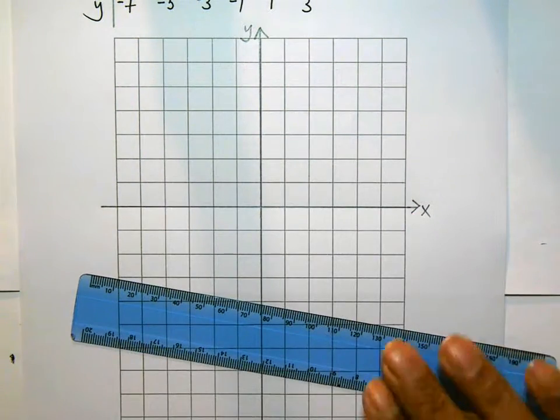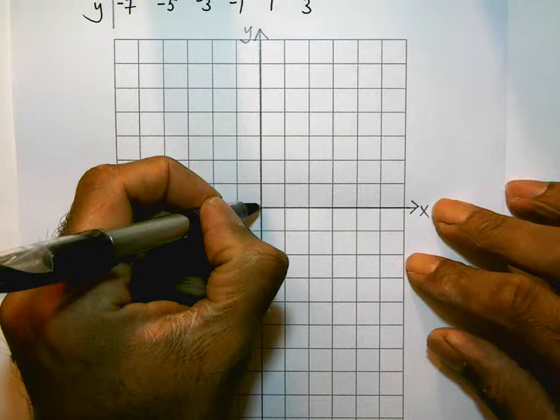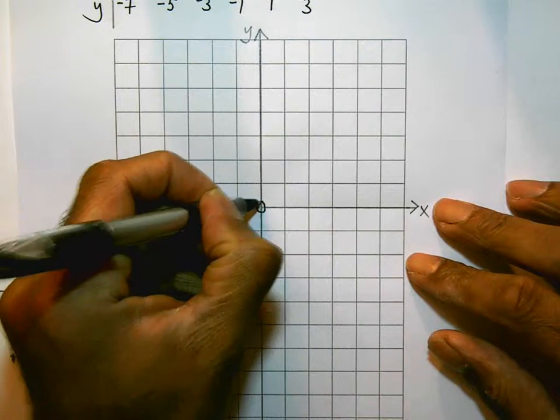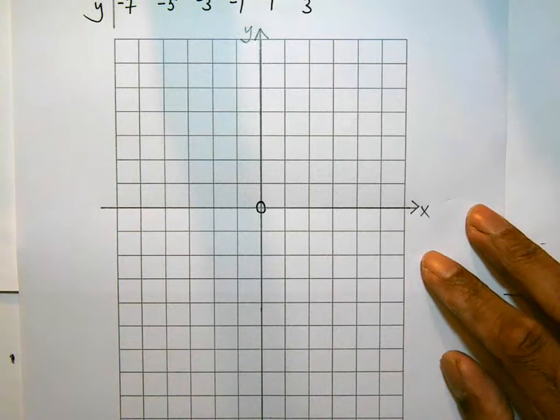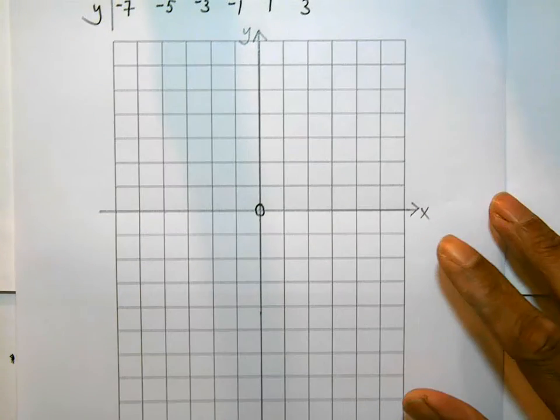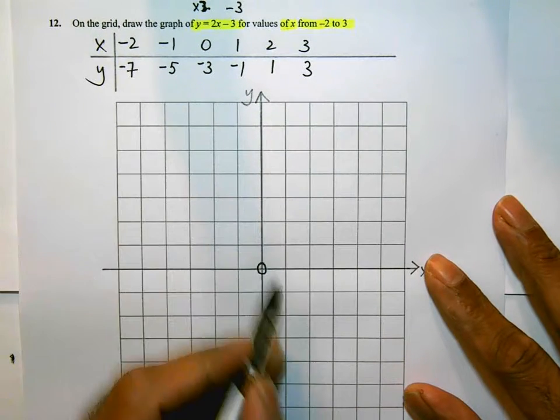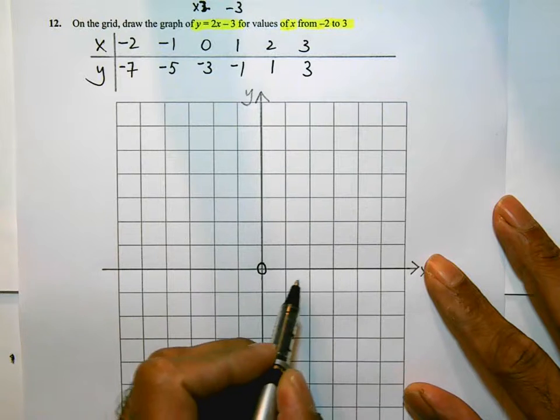Okay, so I've got the x-axis, the y-axis. Now let's label these. This is going to be 0 in the middle. I'm going to put just one 0 to cover both the x and the y-axis. My x-axis goes from minus 2 to 3. So if I look at the space I have available, I need to go up to 3 on this side.